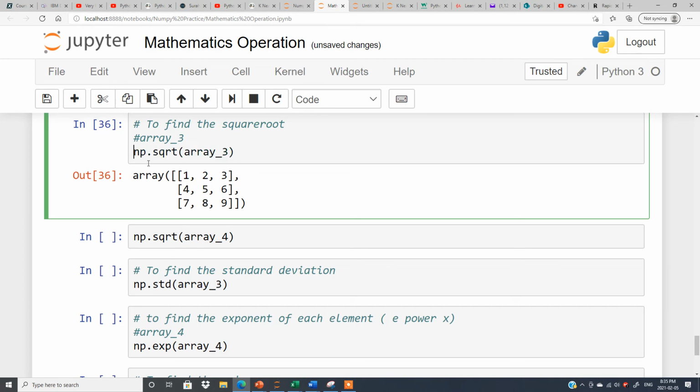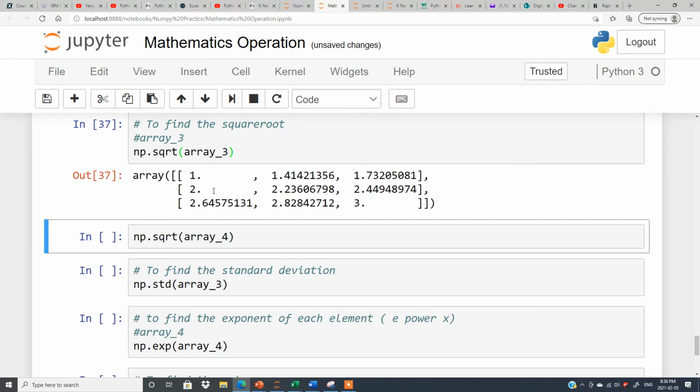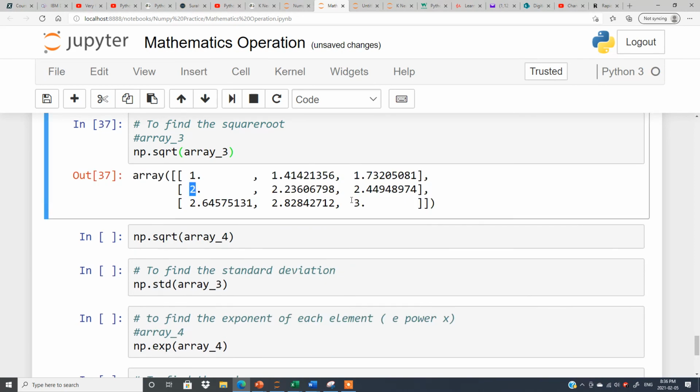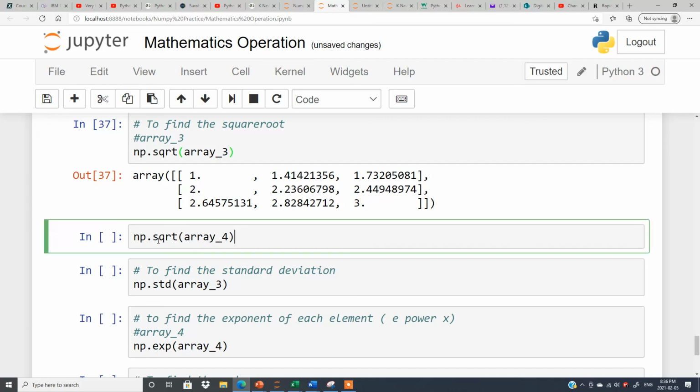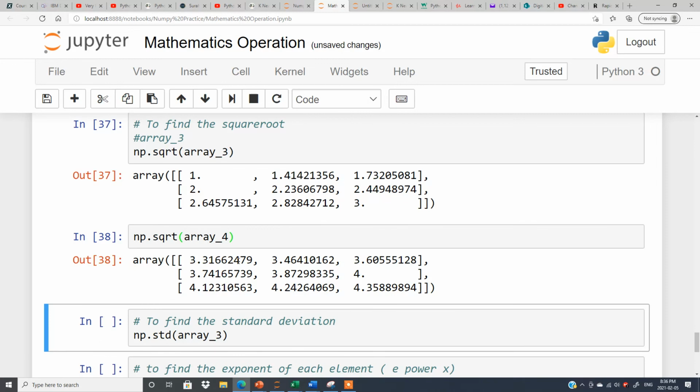So you use np.sqrt. Do not write out square root completely, only sqrt, and execute. See here, instead of 4 we have 2, instead of 9 we have 3, and all these are the square roots. If you want to use the numpy function, np.sqrt, here I am using array 4, right, executed. So see, the output is different.